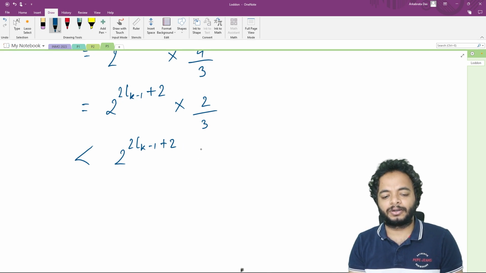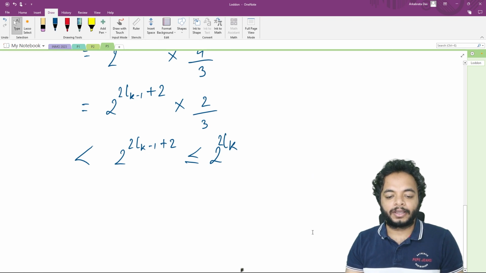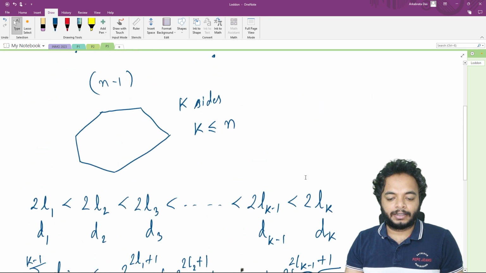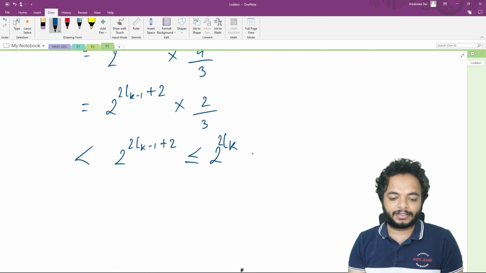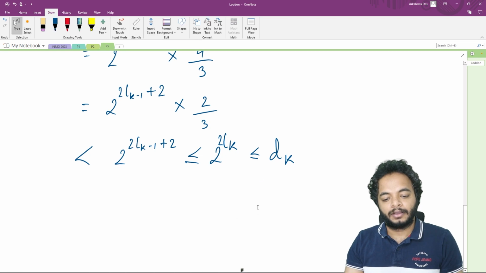Notice that 2L_k minus 1 plus 2 could be the next even number, but again we don't know the relation between L_k and L_k minus 1. So all we can say is that this is lesser than or equal to 2 to the power 2L_k, and so this is lesser than or equal to d_k.